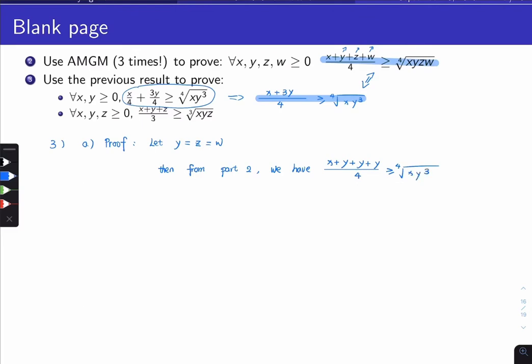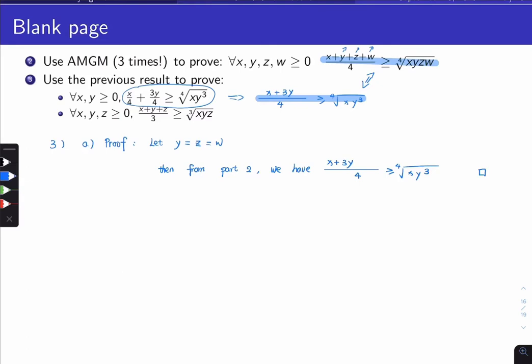Okay, y plus y plus y will give us 3y. So our proof is complete already. So the first part should be simple enough.